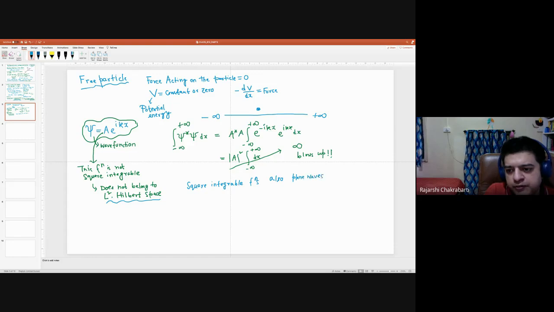They have included both of them, and this space is slightly different from the Hilbert space, and it is called a rigged Hilbert space.